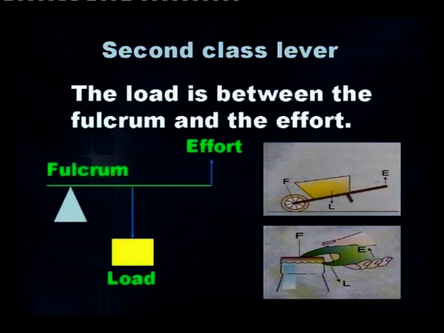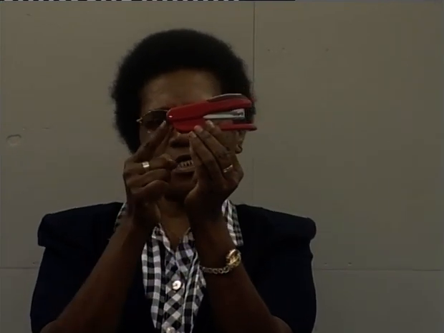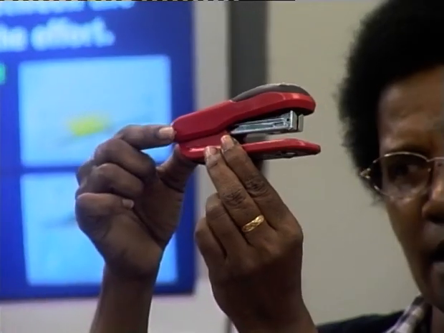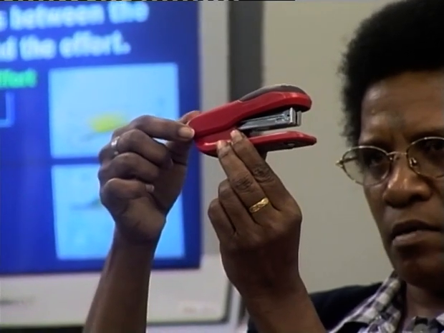Now, our last class lever, which is the third class lever, receiving students and the class. This is an example of a third class lever, a stapling machine. Now, if we look at the stapling machine closely, we will see that the fulcrum is at the end there.